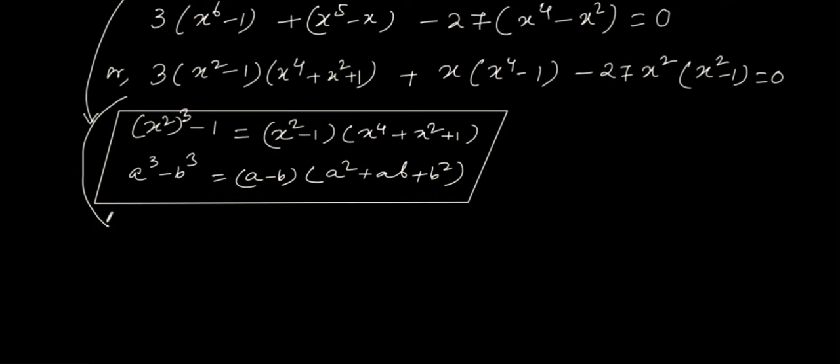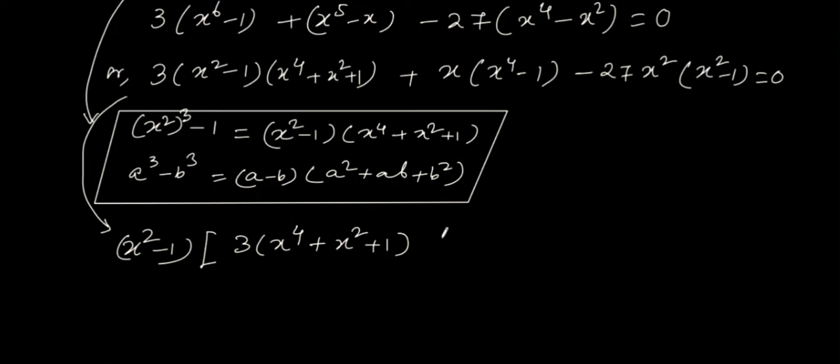So from here, if we take x square minus 1 common, then 3 times x to the power 4 plus x square plus 1, then x times x square plus 1, and then negative 27x square. This equals 0.